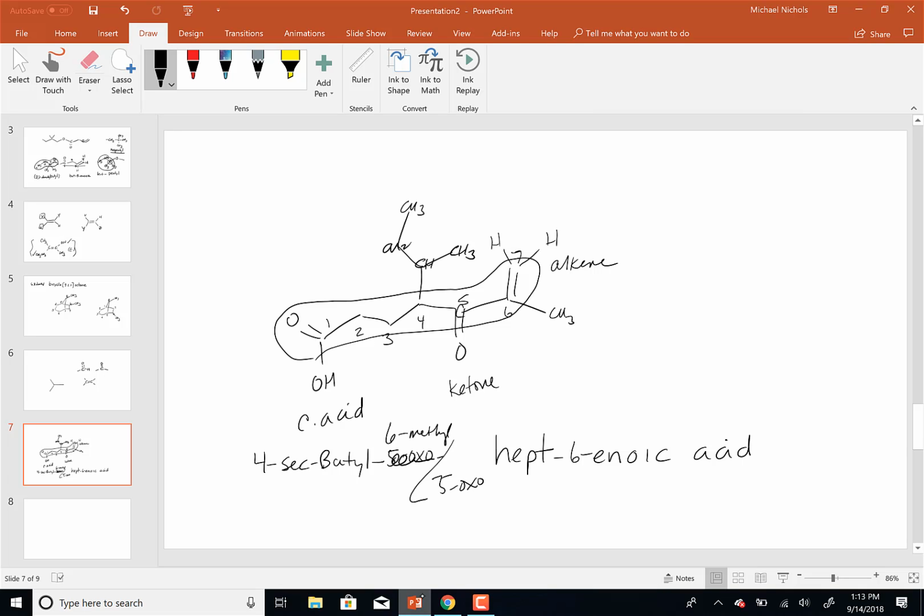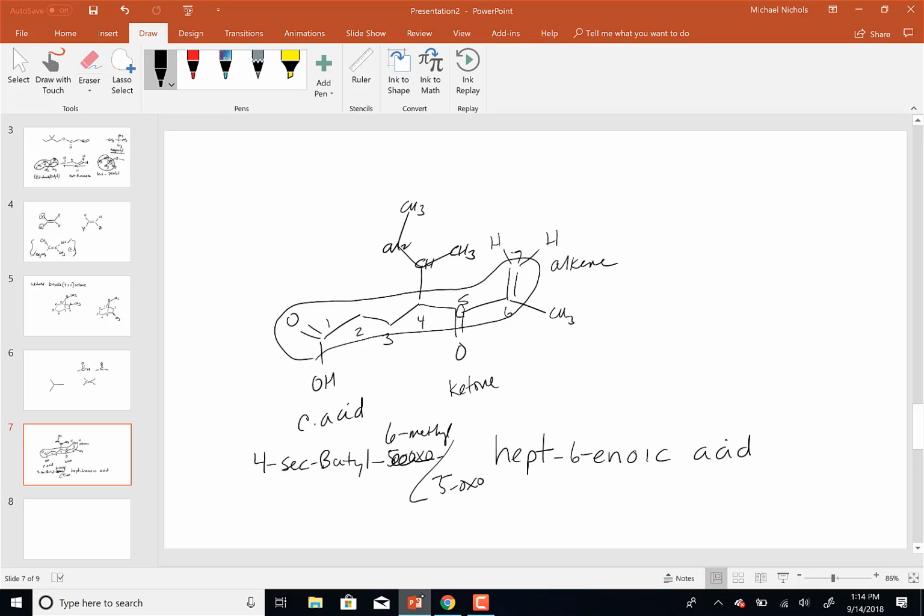So in this case, there's two hydrogens, and that carbon has the same groups, and so there's no cis trans. Does that make sense to everybody?